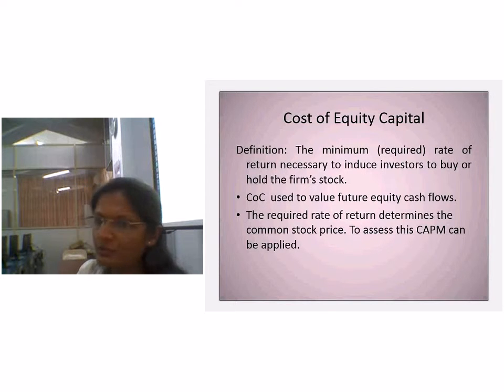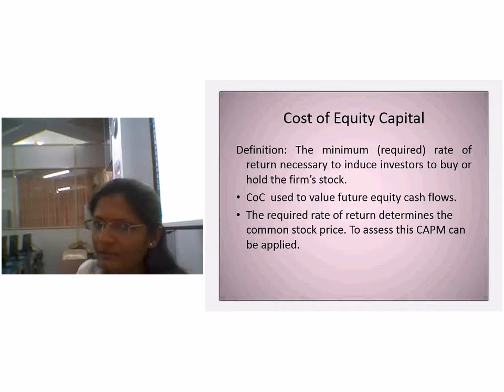If he is going to buy, he is expecting some return from the cost of capital used to value future equity cash flow, right? The required rate of return determines the common stock price. To assess this, CAPM can be applied, right?